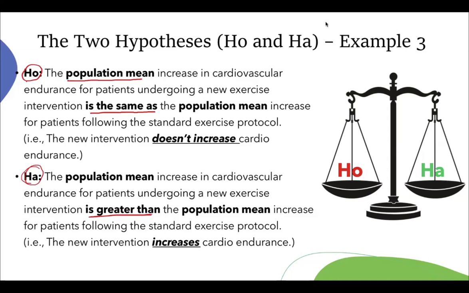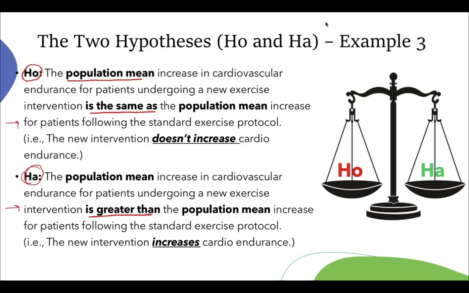So we see this similarity across all these problems, and that's going to hold true for all the null and alternative hypotheses that we see moving forward. They are claims about population parameters, and the null claims no change, while the alternative claims that there is some kind of change.